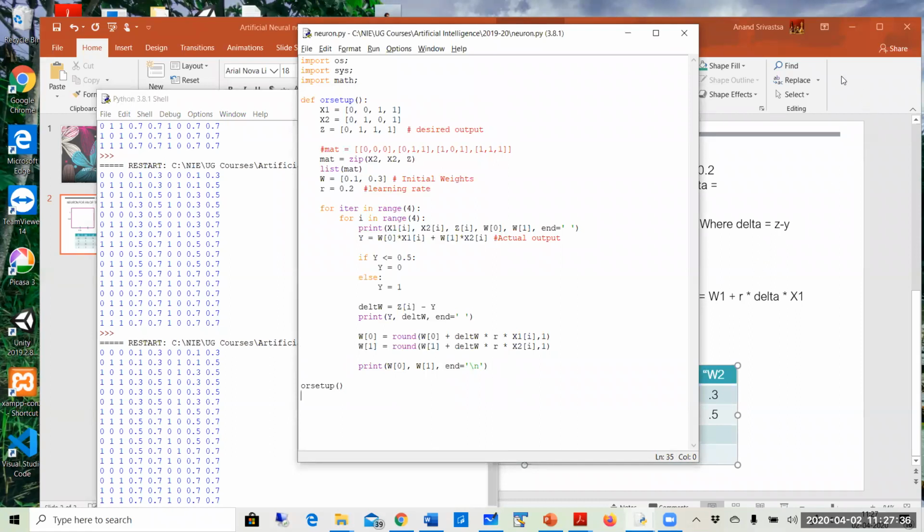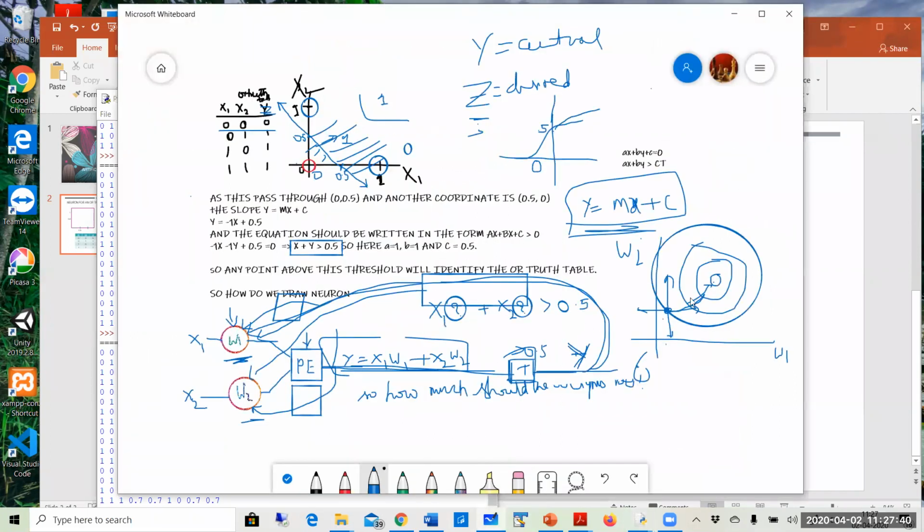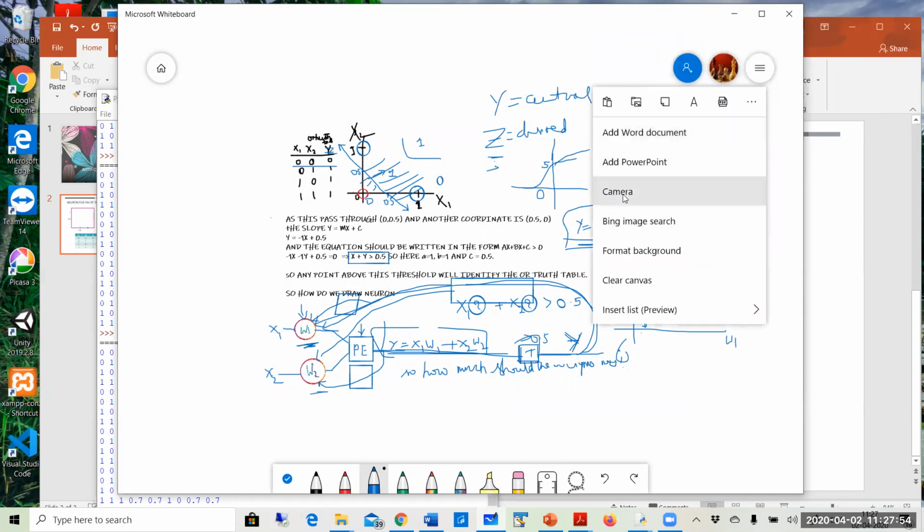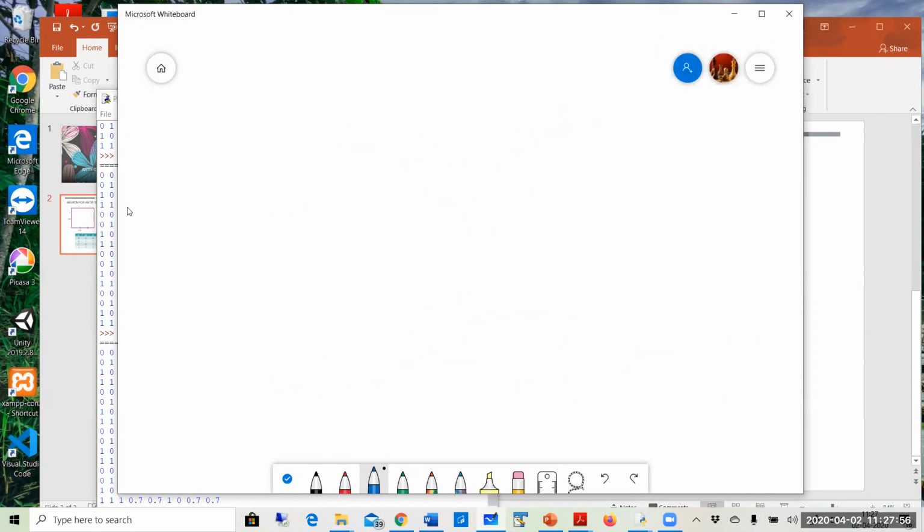Now how do you do it for the AND table? If you look at the AND table, it would look something like this.